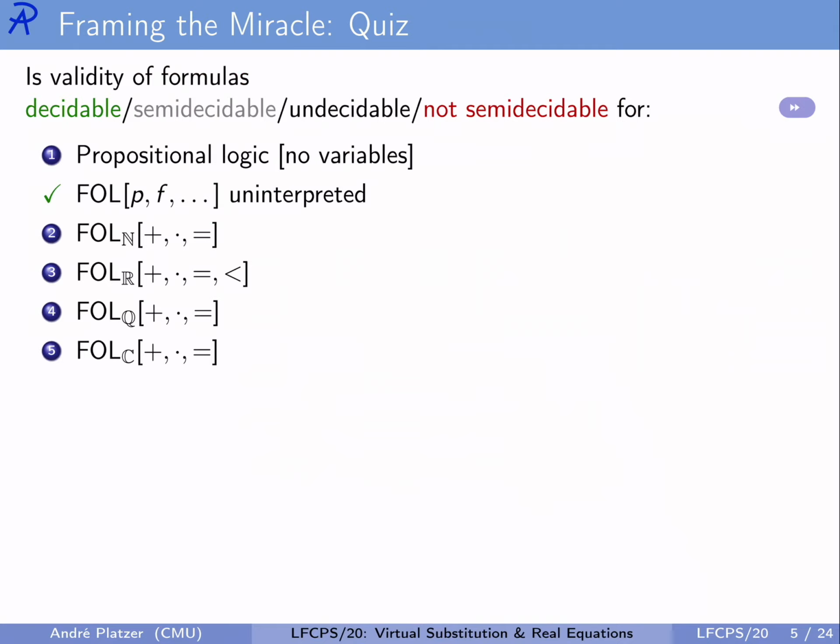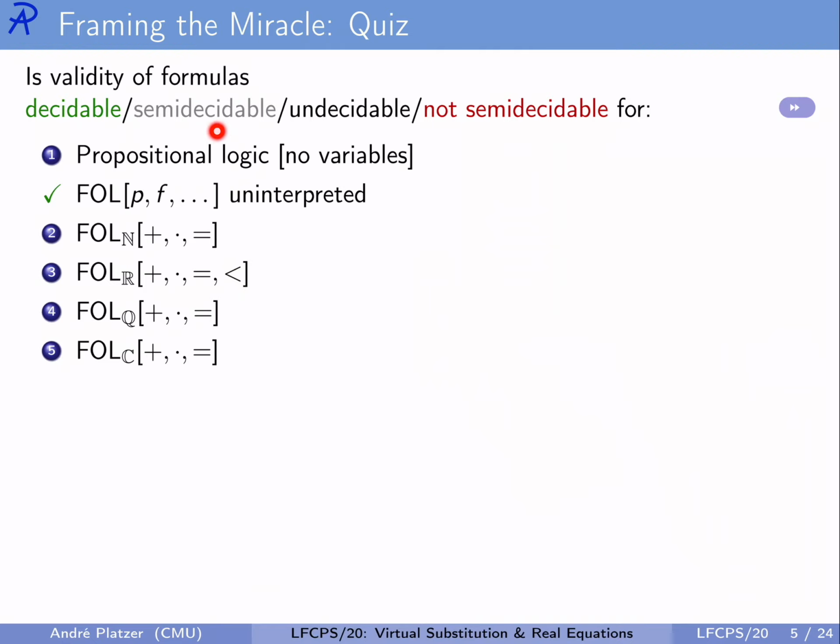Let's take the validity problem for formulas and ask ourselves, for different formulations of logic, what its complexity is like. We'll ask, is it decidable? So is there an algorithm that tells us yes or no for every formula, whether it is valid or not? Is it semidecidable, which means there is an algorithm that, if the answer is yes, that the formula is valid, will tell us so.